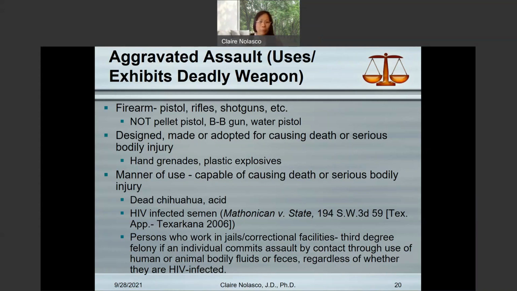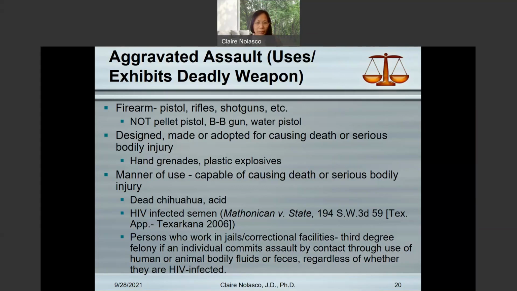So virtually any object can be a deadly weapon if, because of the way it is used by the offender, it can cause death or serious bodily injury. Some examples given in case law are a dead chihuahua, acid, HIV-infected semen, okay?